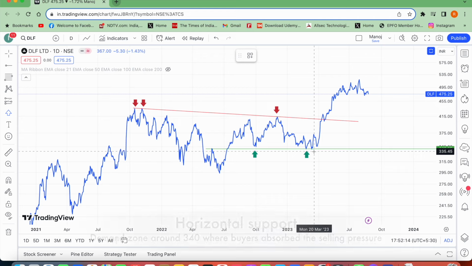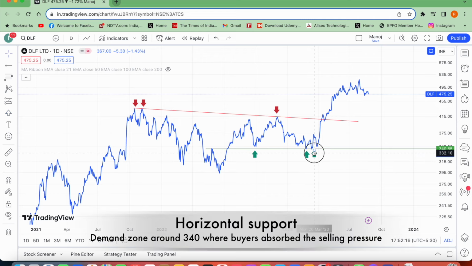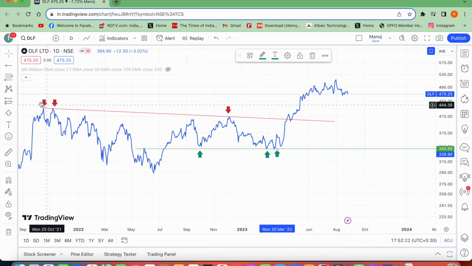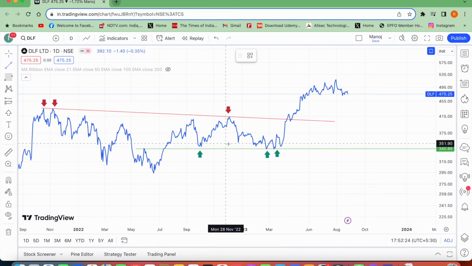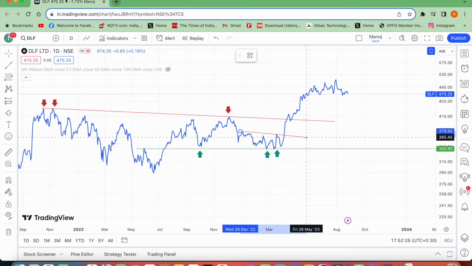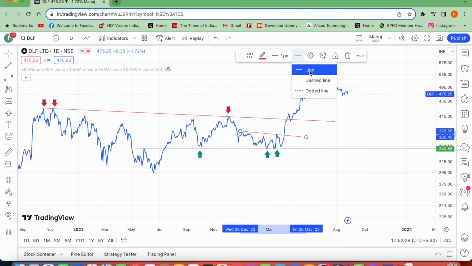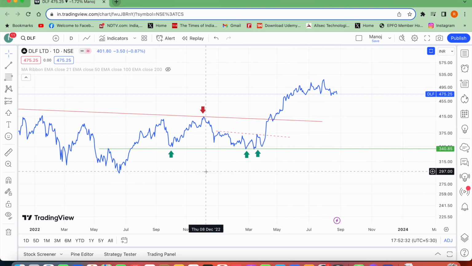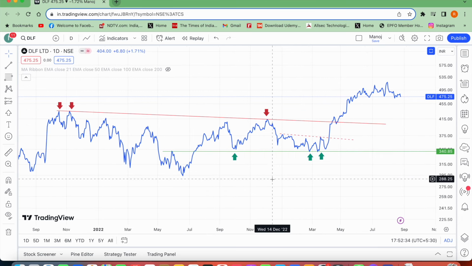Whenever the stock touched 340, there was demand and the stock went up. You can also see there are some smaller resistances which I will mark with the dashed line. So this is how I would first mark my resistances and support.